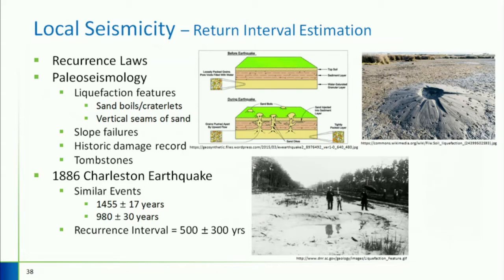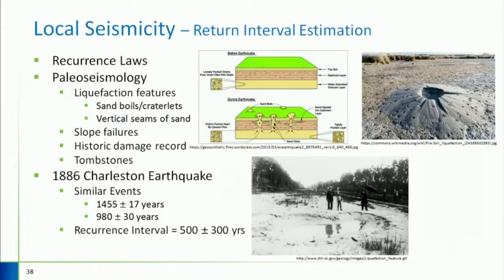One of the things is looking at features that occur during earthquakes that take a high energy or certain amount of energy to do, so we can look at those. Liquefaction is one where the sand loses strength because of pore pressure buildup. I will get into that later as well. But as that water tries to escape, it pulls sand with it, and it creates these sand boils and these sand seams.